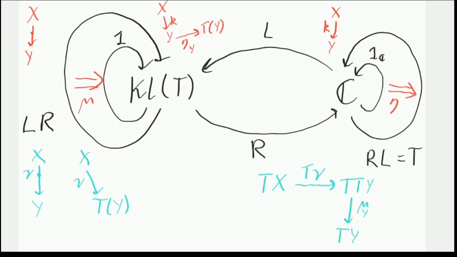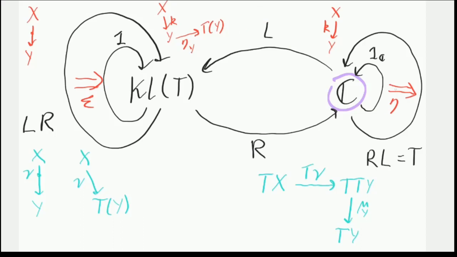And so we see that this functor R changes this arrow v from X to Y into this arrow from Tx to Ty. But this arrow v was in the Kleisli category, and this arrow here is back in the original category C. And so I claim that this functor R is the right adjoint to this functor L.